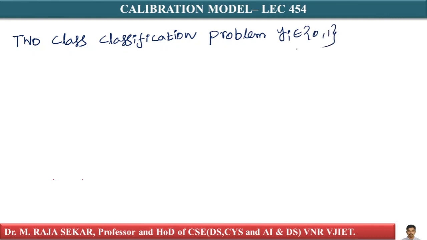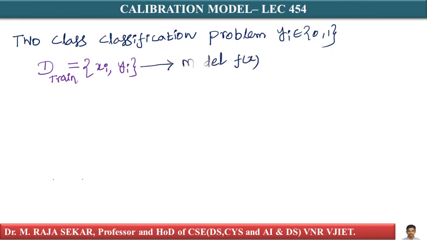Let's assume I have a data set D equal to xi comma yi, and I have trained my model using this particular data set. D is my training data set. I call my model f of x.